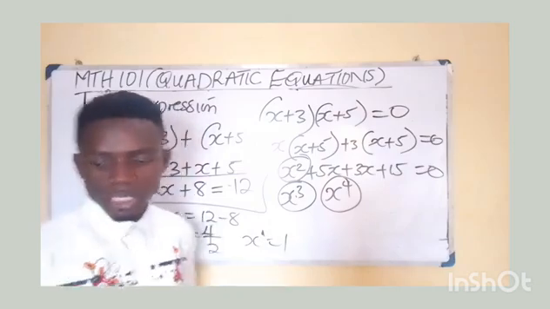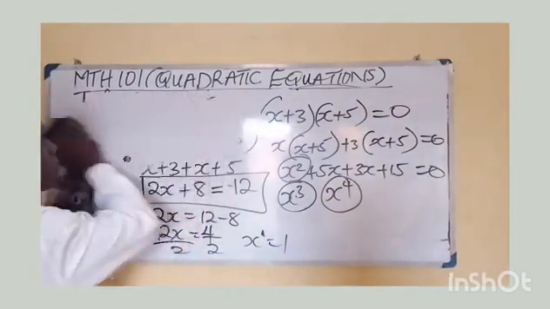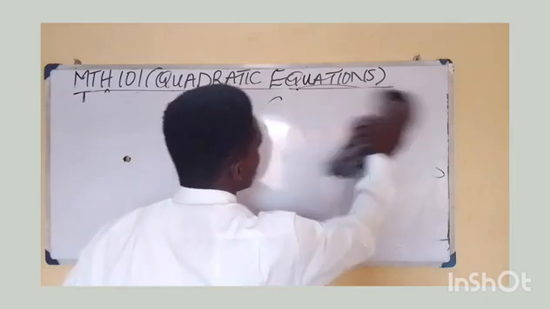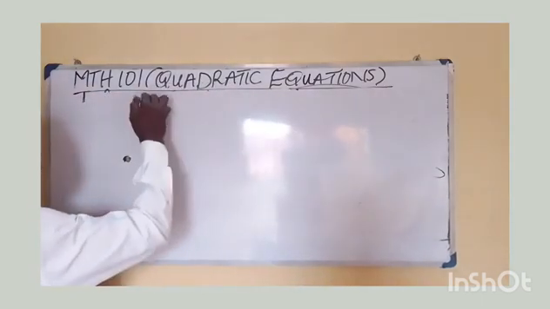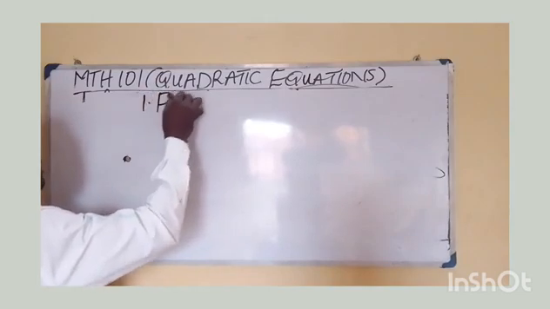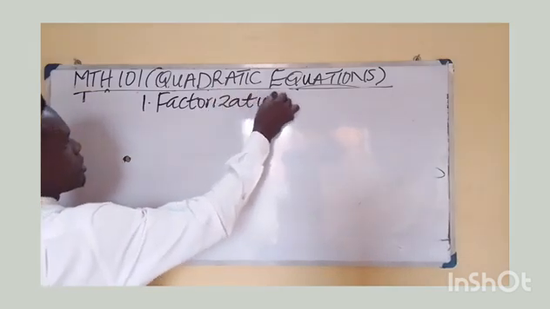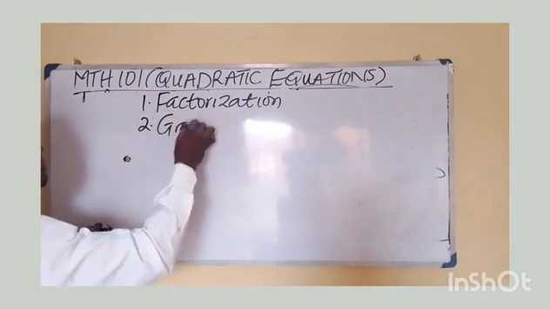In solving a quadratic equation, different methods are employed. There are 4 methods of solving a quadratic equation. One of them is the factorization method. Then 2, we have the graphical method.